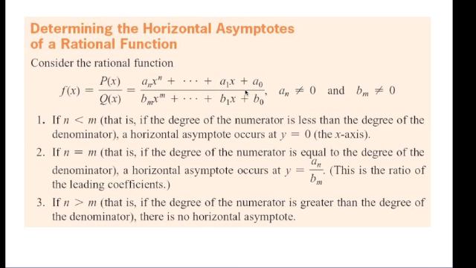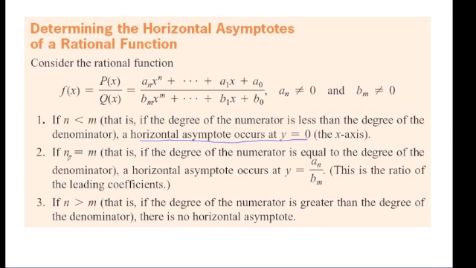So for a horizontal asymptote, if we have a polynomial over a polynomial where our first terms do not equal 0: if the degree of the numerator is smaller than the degree of the denominator, then we have a horizontal asymptote at y equals 0, the x-axis.